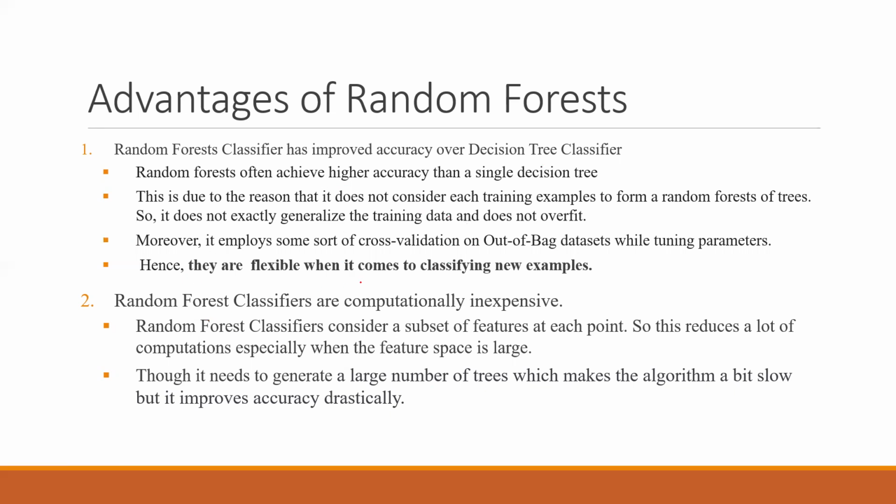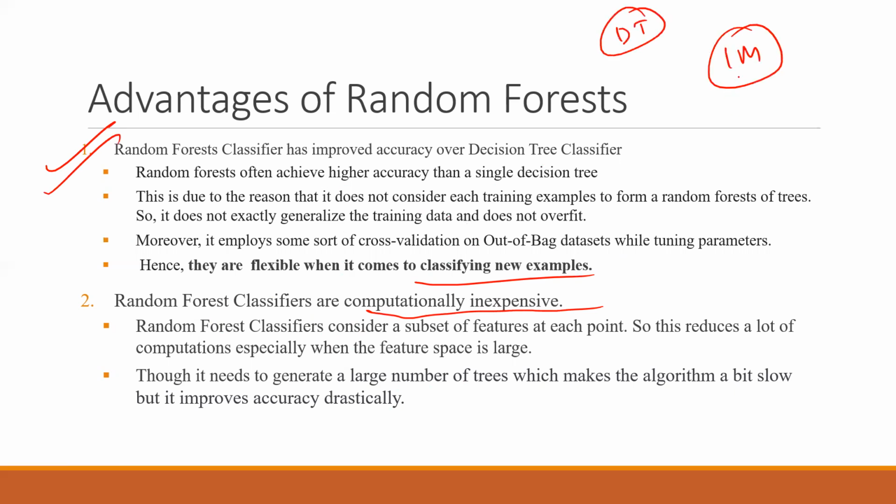So they are flexible when it comes to classifying new examples. So random forest is better to classify new examples compared to my decision tree. Now, random forest classifiers are computationally inexpensive compared to my decision tree, where let's say I had 1 million points which had to be plotted on a decision tree. My random forest is plotting multiple decision trees, but only with a very small amount of data.